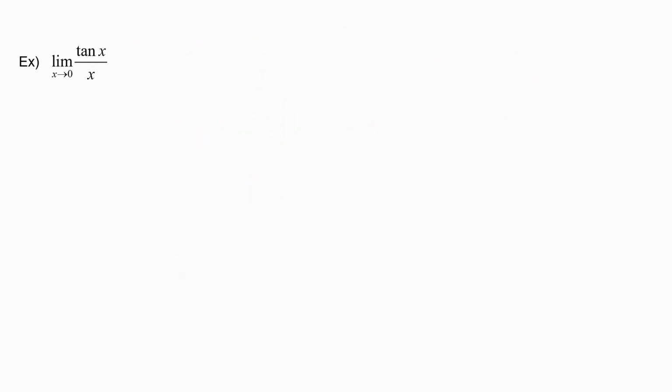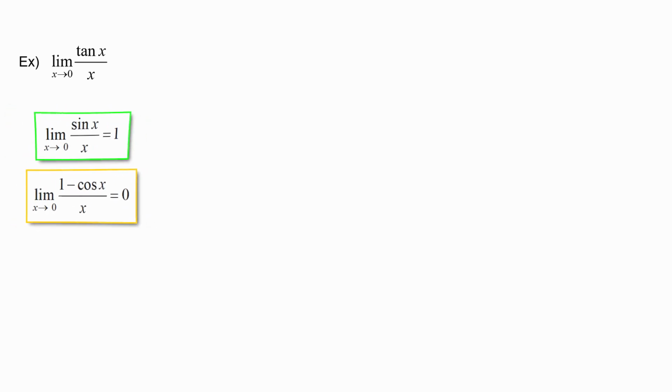In this example, we have to evaluate the limit as x goes to 0 of tangent x over x. Now, neither one of our two special limits involves a tangent function. So what we will want to do is use trig identities to see if we can turn this tangent x into one of the trig functions that we can evaluate.